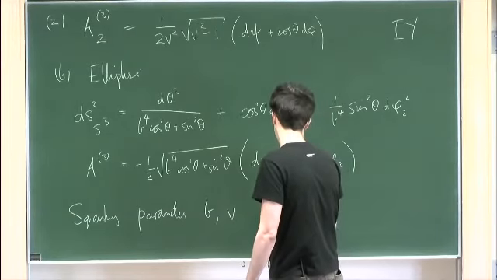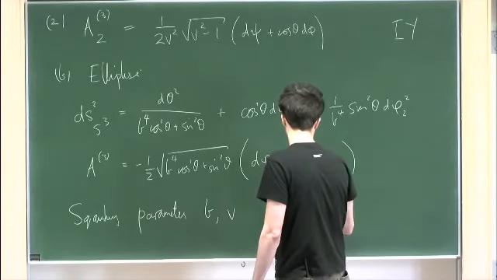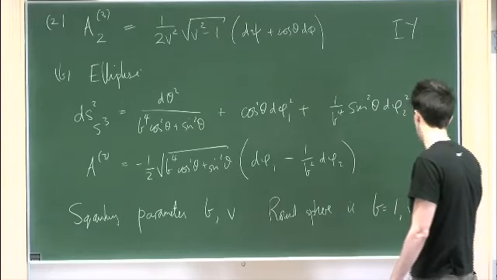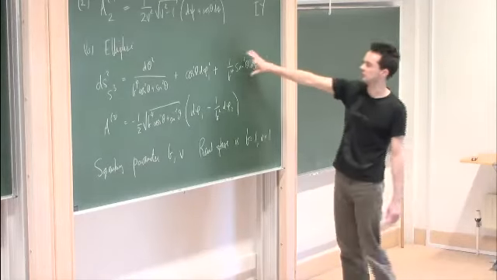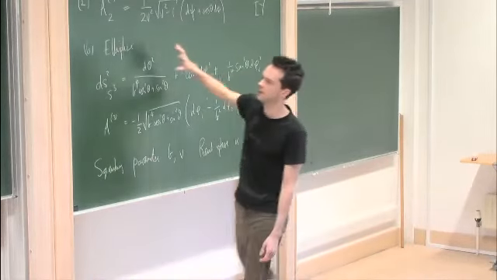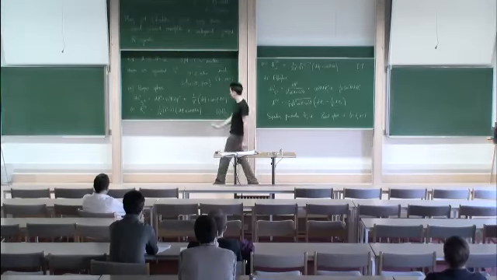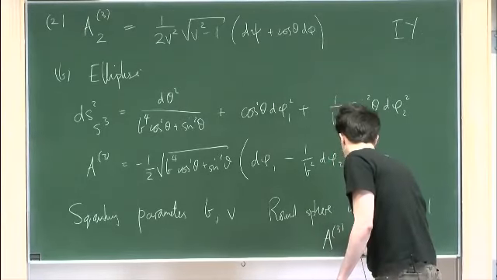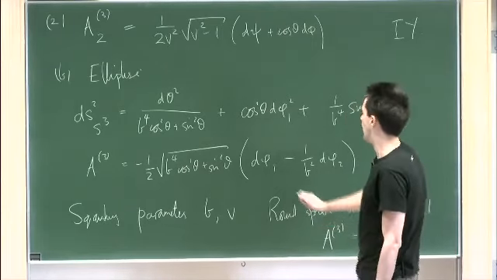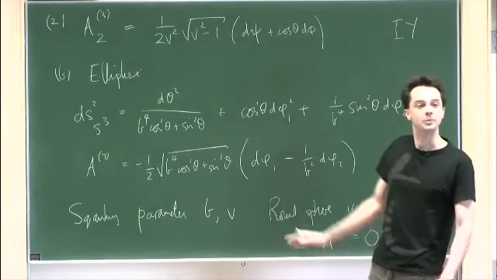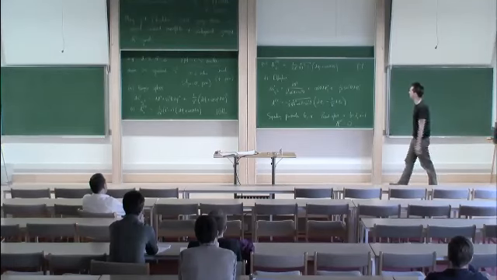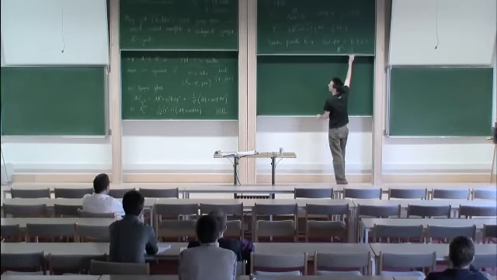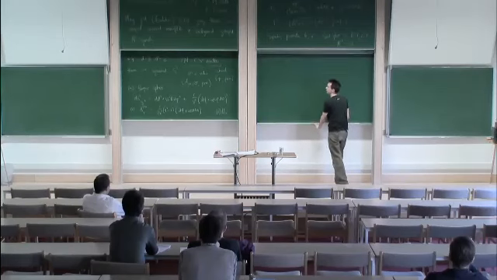The round sphere is, in each case, the limit where you take the squashing parameters to 1. So if I put b equals 1, this is a round sphere. If I put v equals 1, this is a round sphere. And moreover, in that limit, the gauge field is 0. Actually, it's pure gauge in this particular case, gauge equivalent to 0. So they're both one-parameter families of deformations of the round sphere.